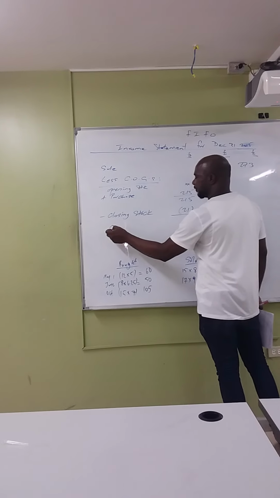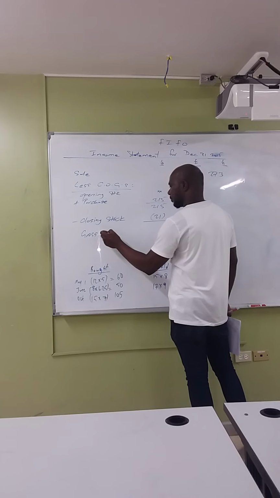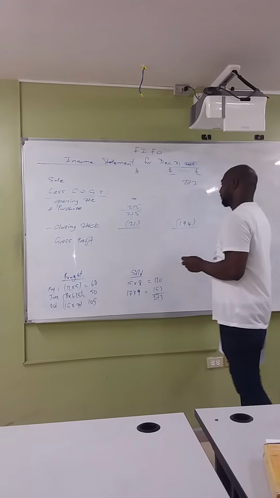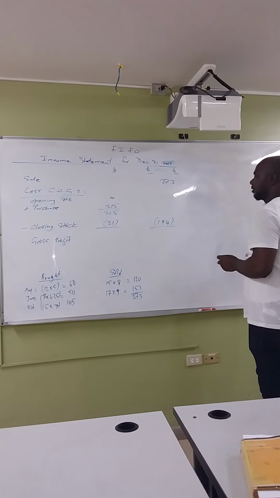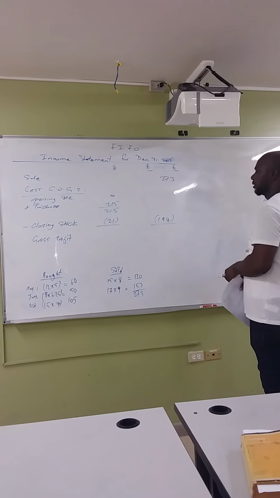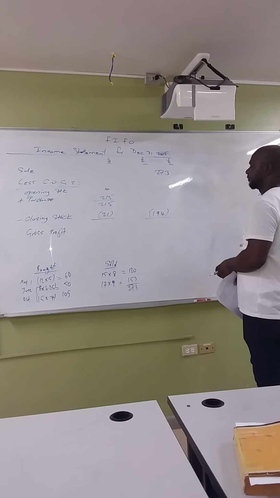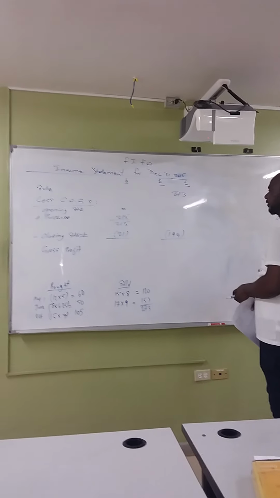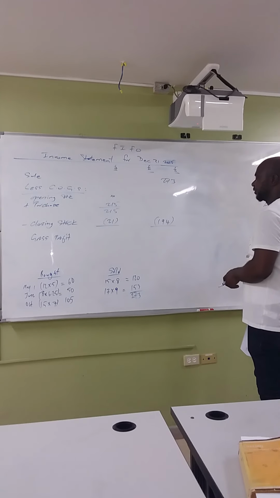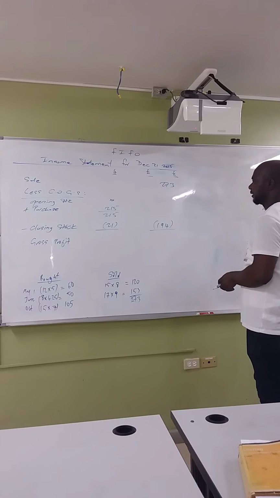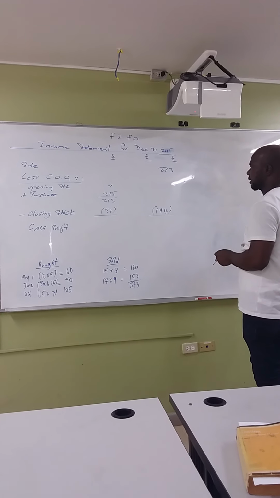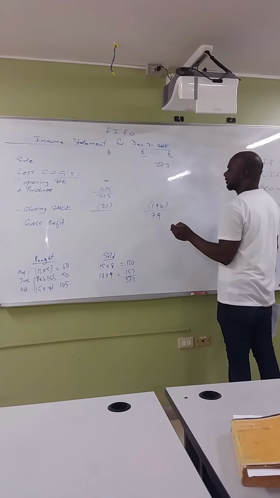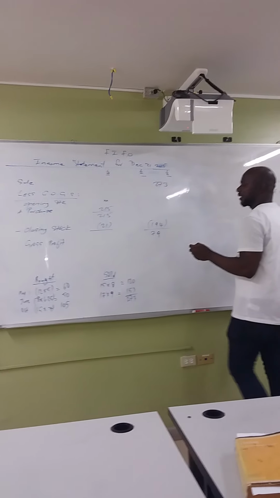Now 194 would represent your cost of goods sold. Now when you minus the 194 from the 273, that seems to be 79.